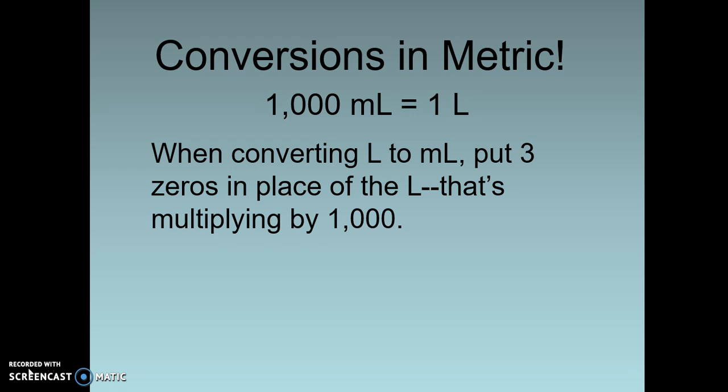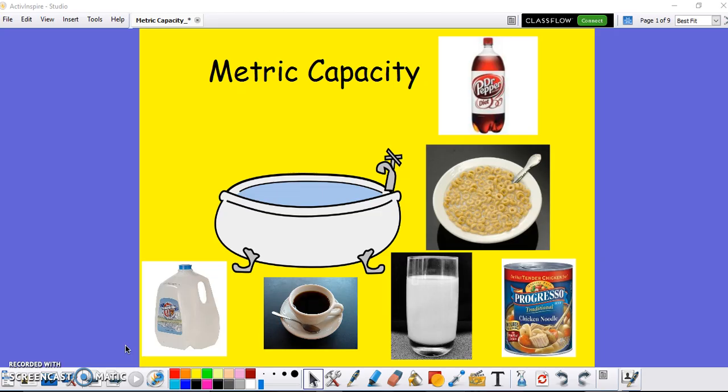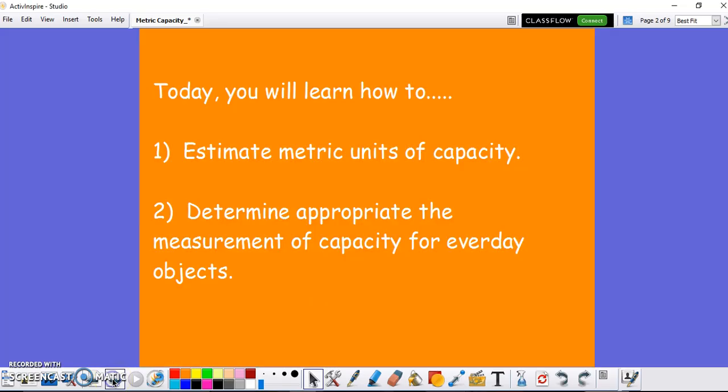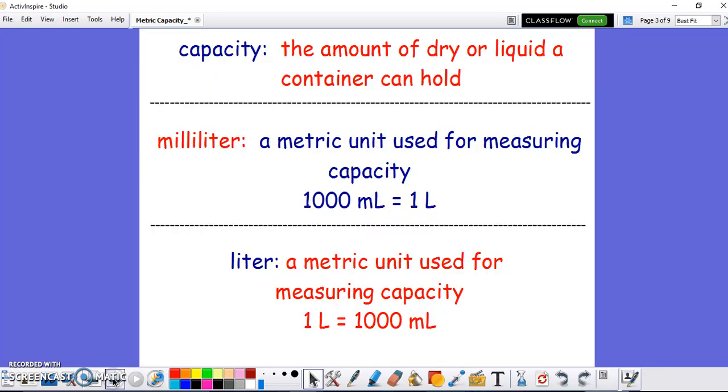Let's take a little bit more of a closer look. In talking about metric capacity, we're talking about measuring things that can fit liquid inside of them, whether it be bottles or tubs or cereal bowls, whatever. That would be metric capacity. So today you're going to learn how to estimate metric units of capacity to determine the appropriate measurement of capacity for everyday objects. Capacity is the amount of dry or liquid that a container can hold.